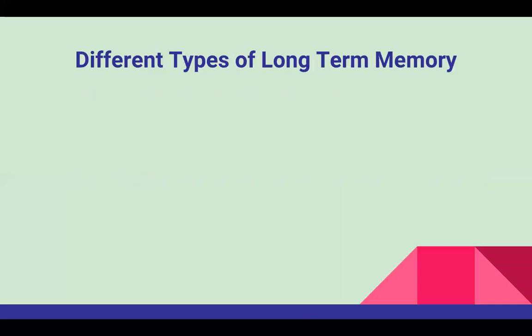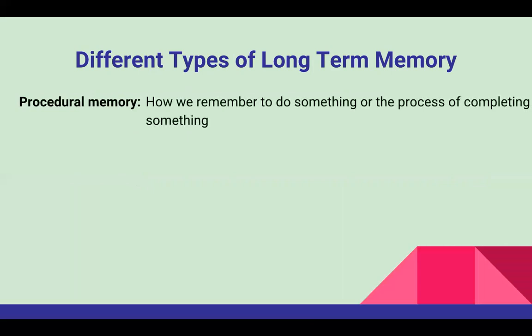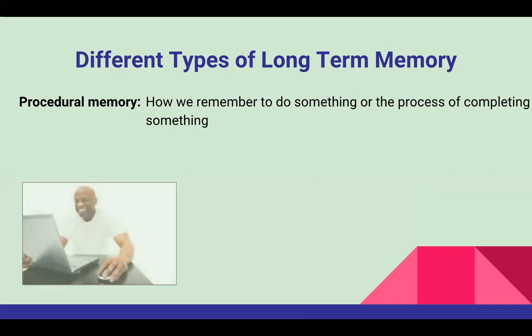The video also goes into the different types of long-term memory. He speaks about procedural memory, which is remembering the process of how something is done. An example of that would be using a computer.